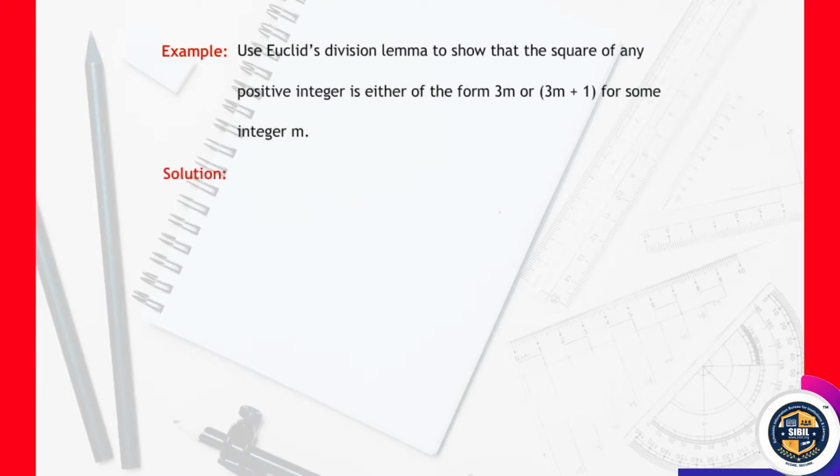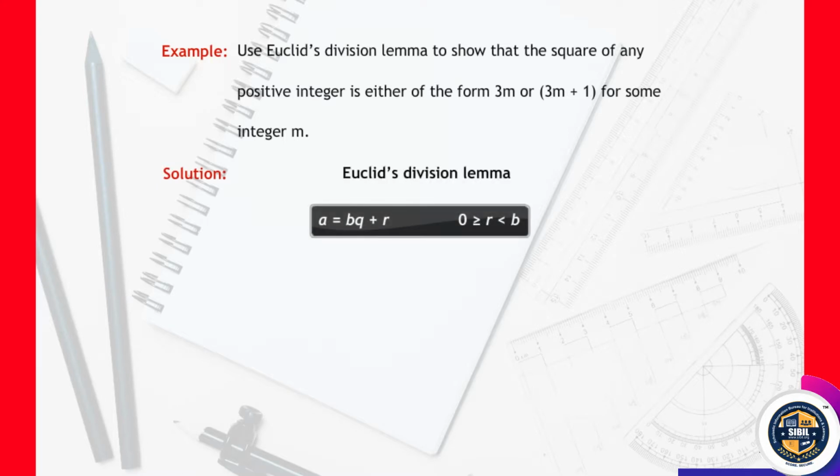Solution: we first write the Euclid's division lemma as shown here. Now let us take any two positive integers, say a and b, and take the value of b as 3. We have taken b as 3 because in the question 3m or 3m plus 1 is given. Now a is equal to 3q plus r for some integer q greater than or equal to 0.